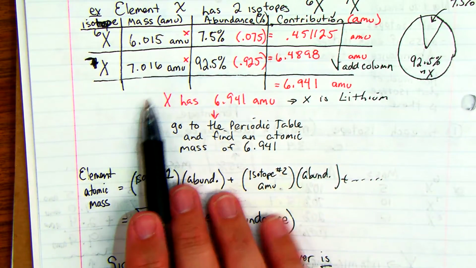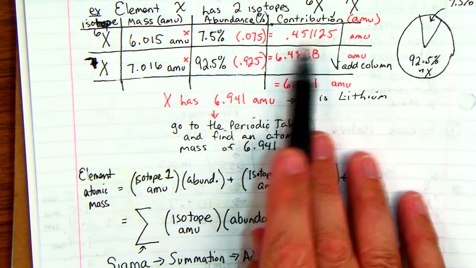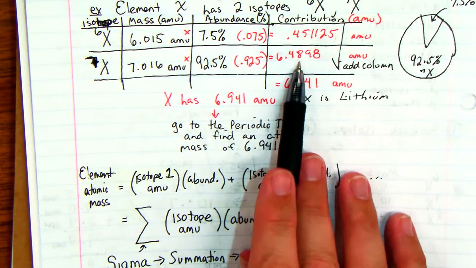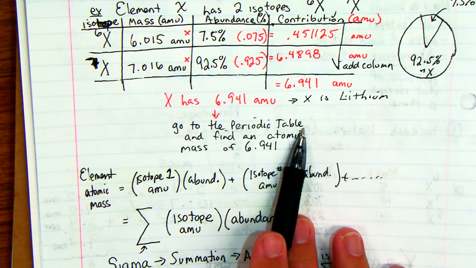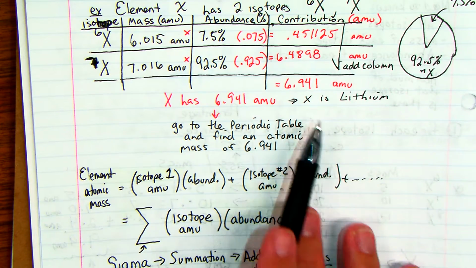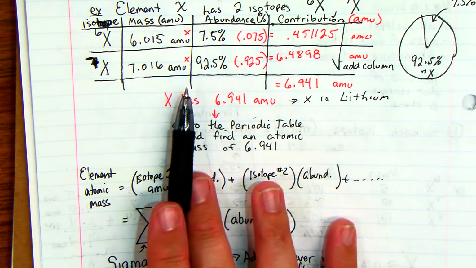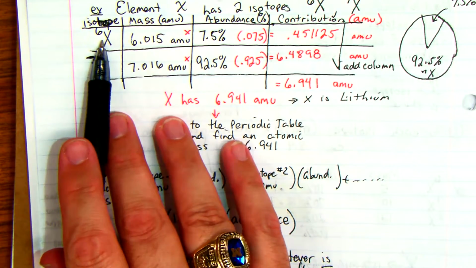Multiply them, get an answer. Multiply them, get an answer. Add up all the answers, then you're going to get your AMUs for your element. That, I think, is the easiest way to do it. It organizes all the data. You can take a look at it, and you can say, all right, this isotope has this mass and this abundance, where sometimes in here it becomes a little bit confusing what you're talking about.